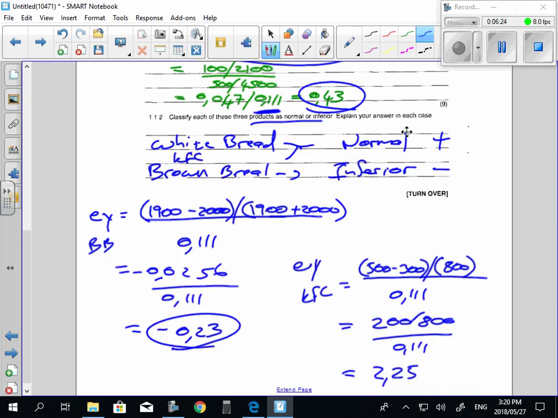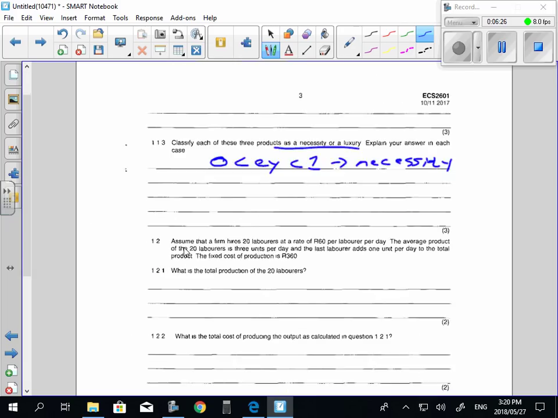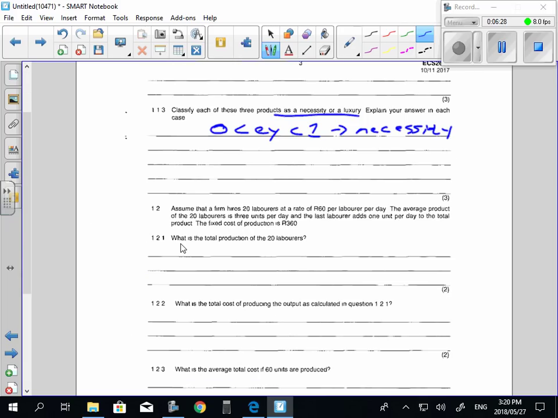So when you are looking at your luxury versus necessity products, you can ignore the plus or minus sign. Only if it is between 0 and 1, it's a necessity product. So white bread and brown bread, necessity. And then obviously your KFC was above 1, so it's a luxury product.